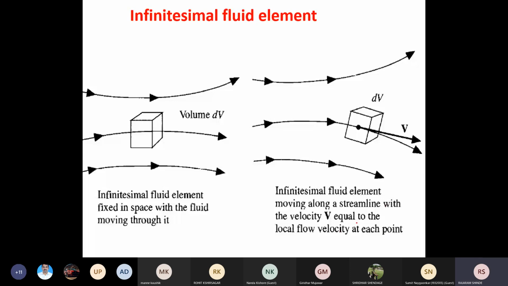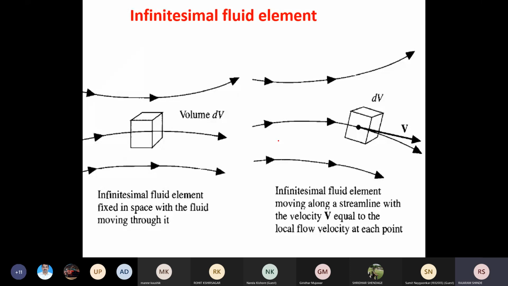Now the equations obtained from these two models are in the form of differential equations. These equations from these two models are very important from the CFD point of view. Why? Because in CFD we are using numerical methods, and with these numerical methods we are solving differential equations.